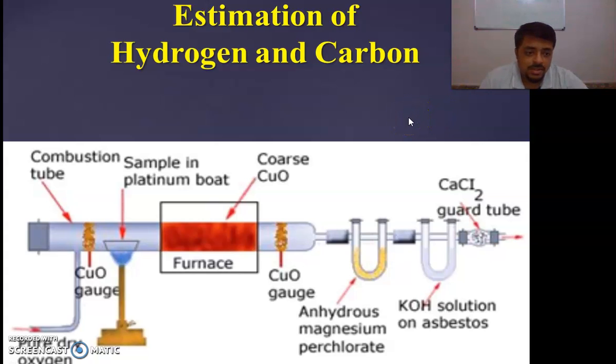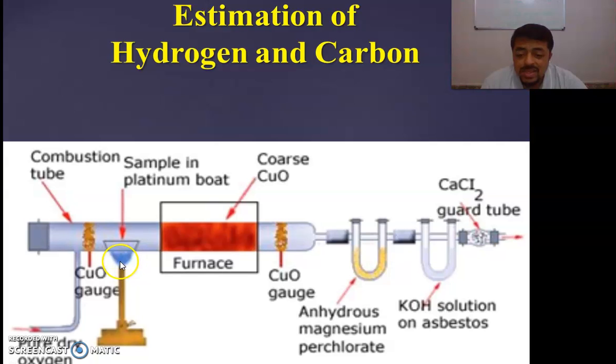Here is the instrument used for the estimation of hydrogen and carbon, where the coal sample is placed inside a platinum boat inside the combustion tube. There is a pure dry oxygen inlet at one end, where oxygen goes in and flows over the platinum boat.